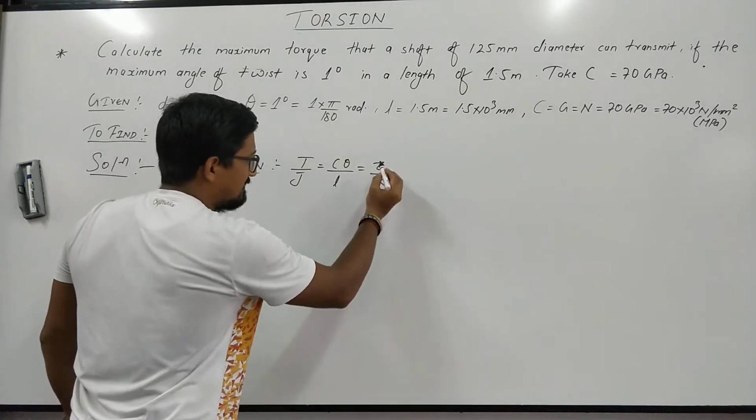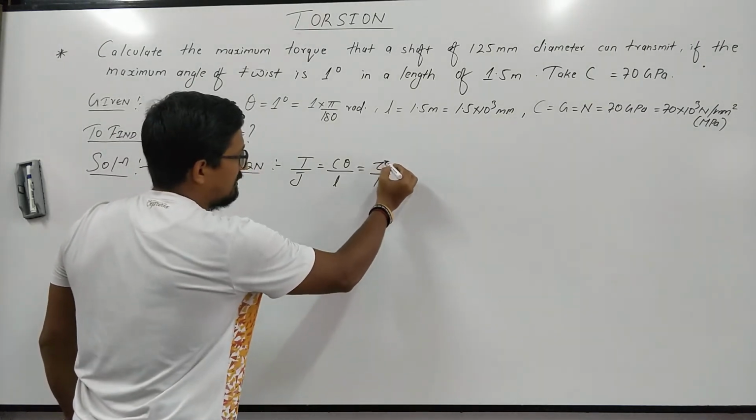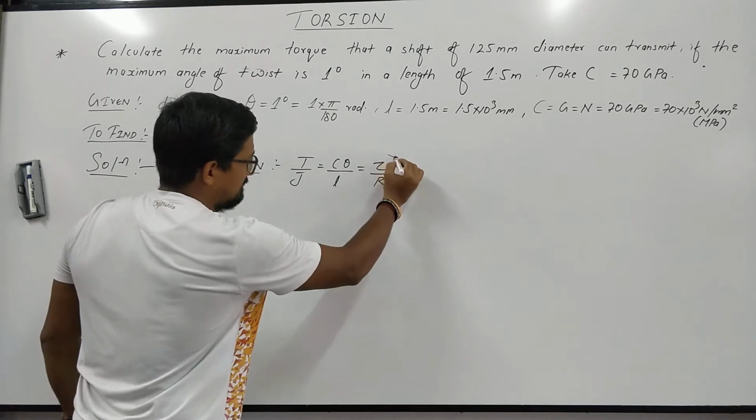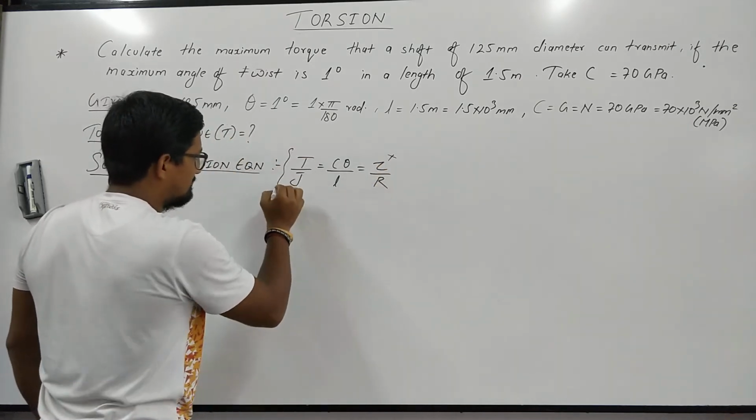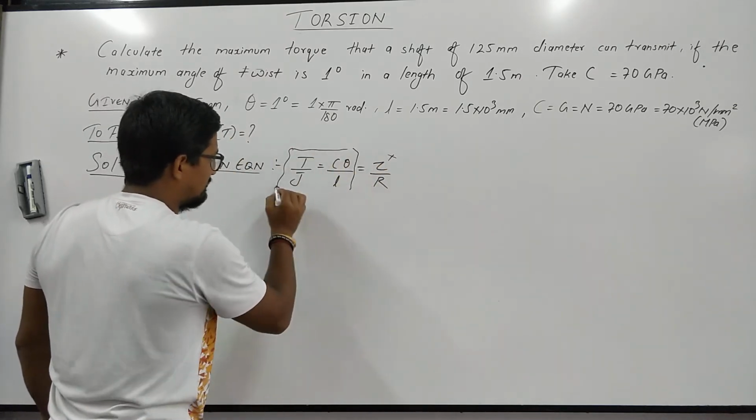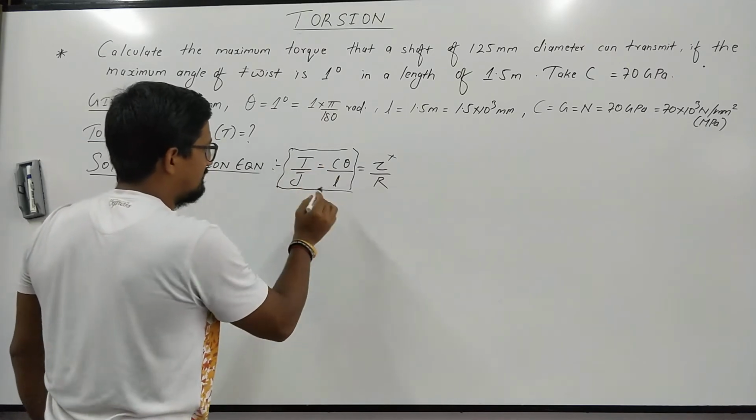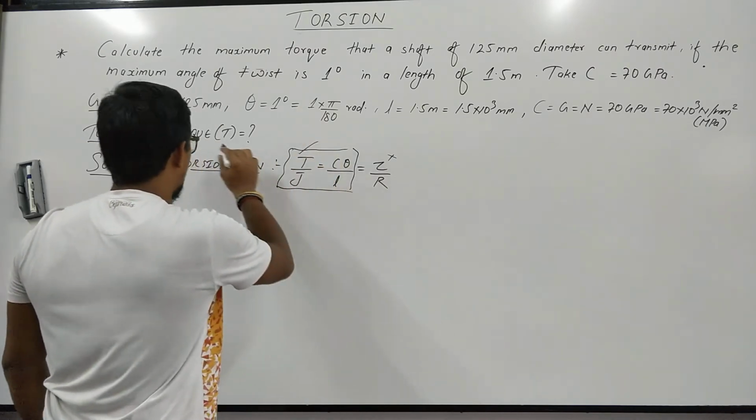Since the value of tau is not given to us, we will cancel this and use these two terms. Everything is given and only T is unknown.